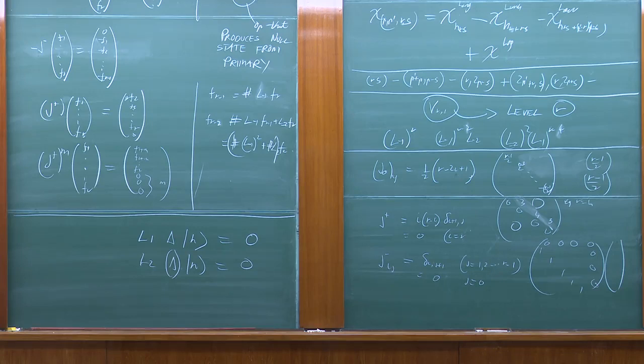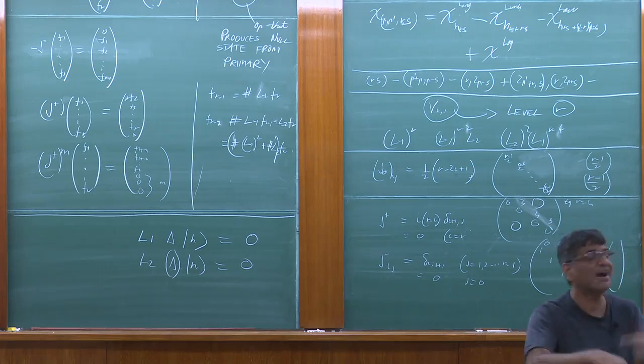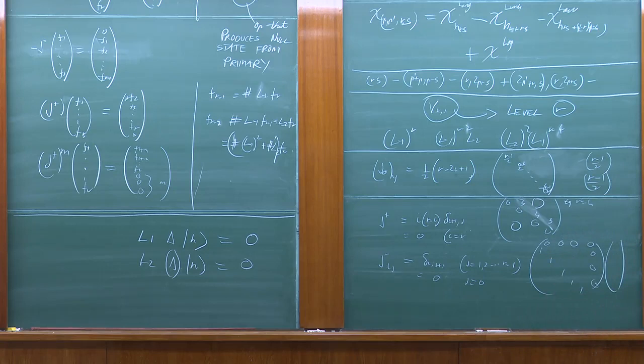Then we will find a formula for what L1 does on chi r minus 1, on chi m, and then find a formula for the final answer in terms of these chi m's and show that it has the properties we want. It's going to take a little time. It's actually not hard algebra, but let's do that next class.